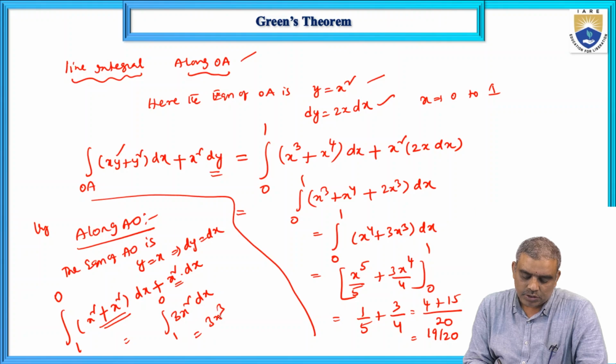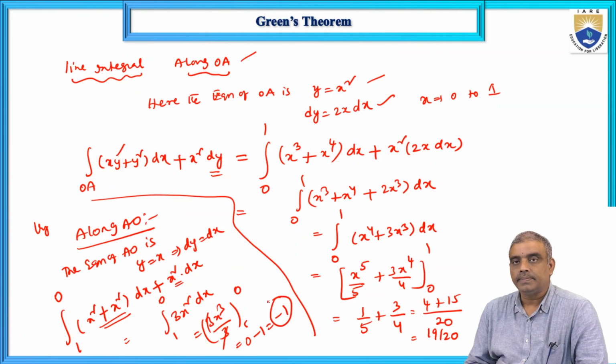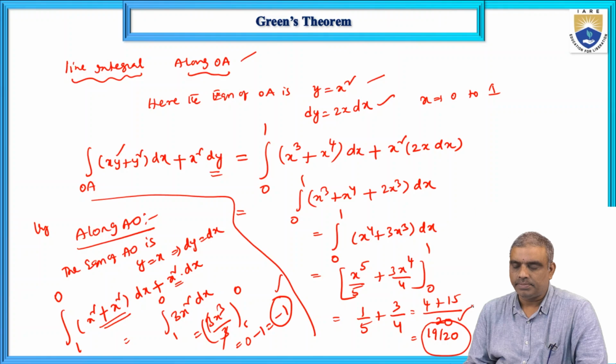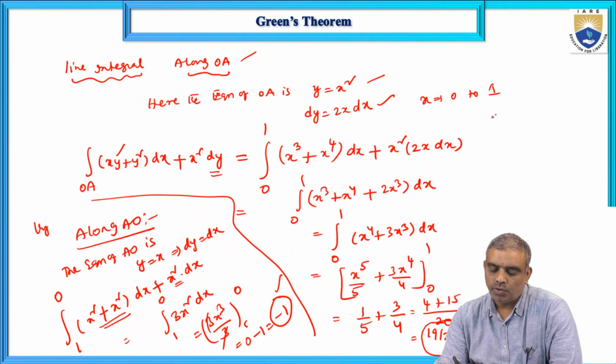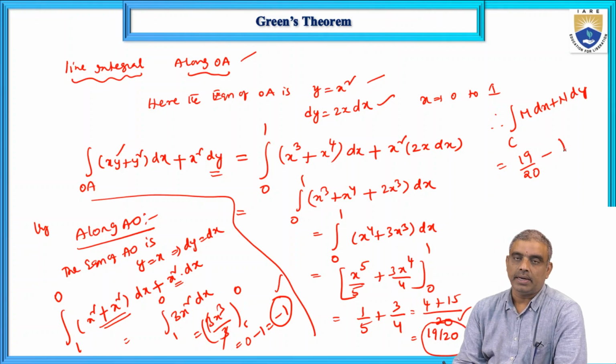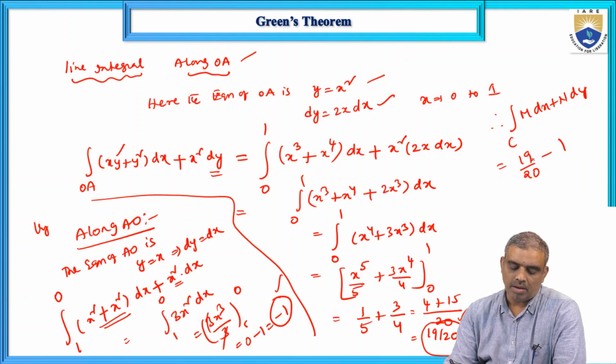Or 3x cube by 3 between 1 and 0. Or 0 minus 1, that is equal to minus 1. Here it is 19 by 20. Here it is minus 1. Therefore, the line integral along the curve C of M dx plus N dy is equal to, one is 19 by 20, second one is minus 1, along OA and along AO.